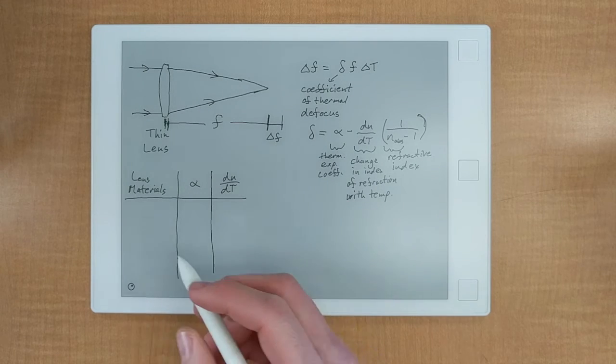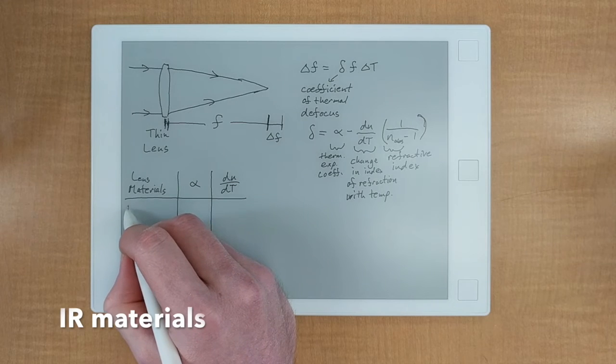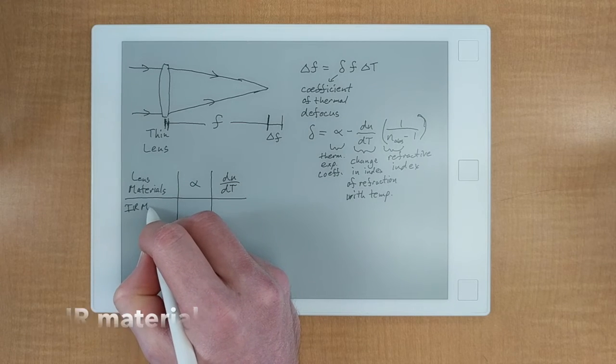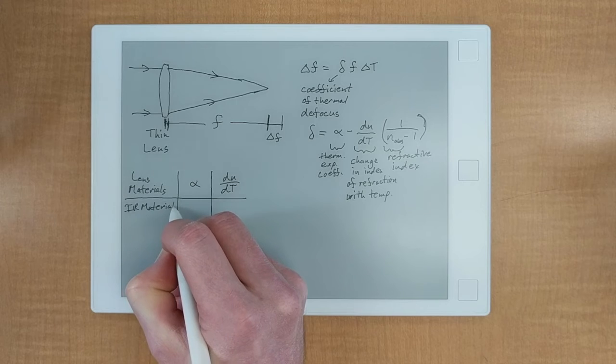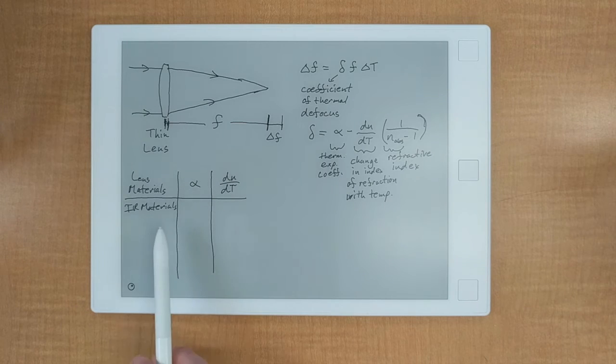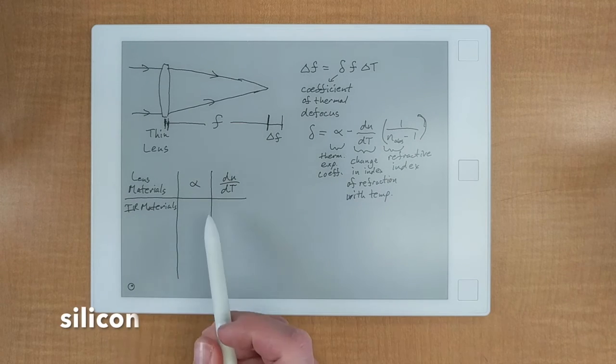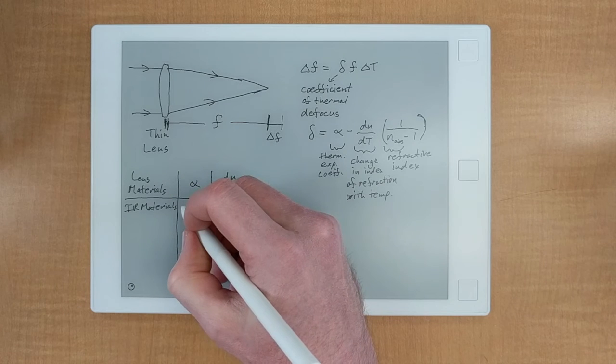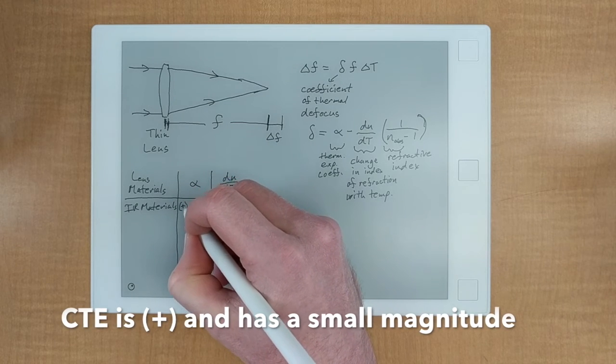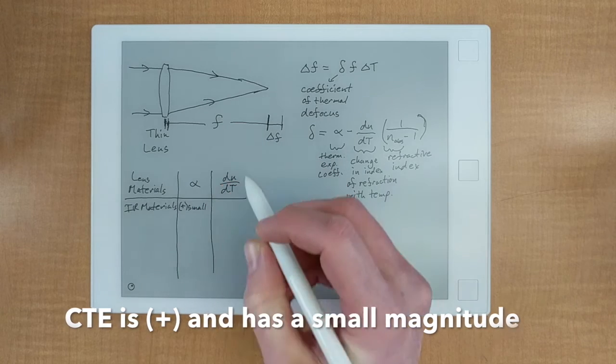So for example, infrared optic materials like chalcogenide glasses, as well as germanium and silicon, the thermal expansion coefficient is positive and has a small magnitude.